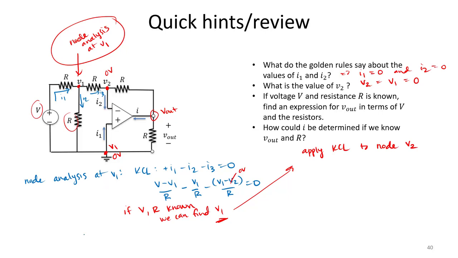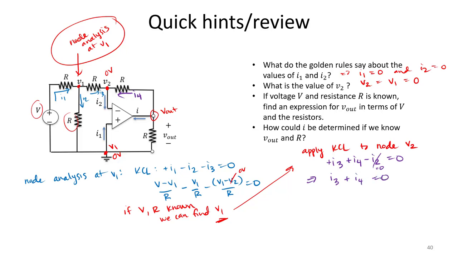And we would know for our node V2, we could say, for example, if I write in current I4, that we have plus I3 plus I4 minus I2 equals 0. Well, I2 is 0 by the golden rules. So I can say that I3 plus I4 equals 0.